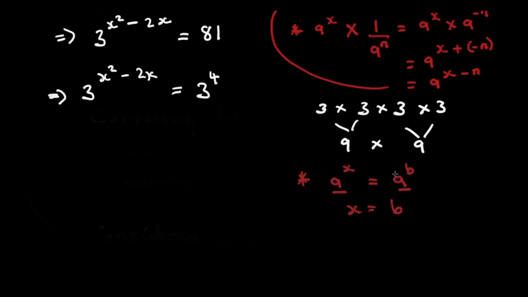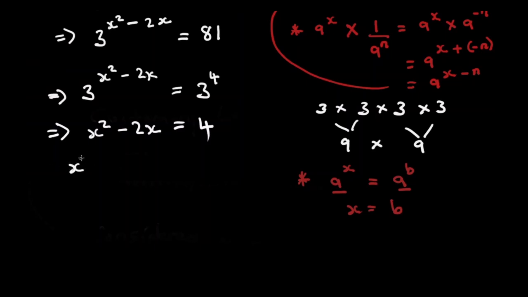So a to the x is equal to a to the b. It means the powers are going to equate. Applying this principle to our situation gives us x squared minus 2x is equal to 4. The powers are equating because the base is the same.